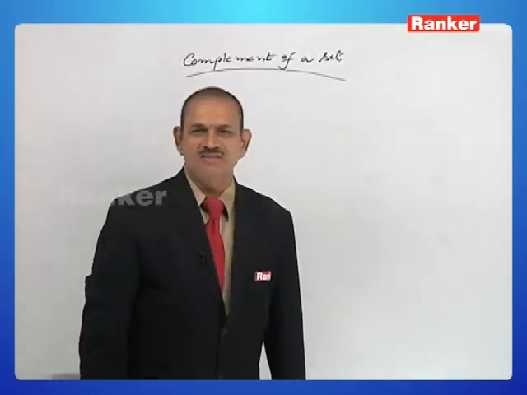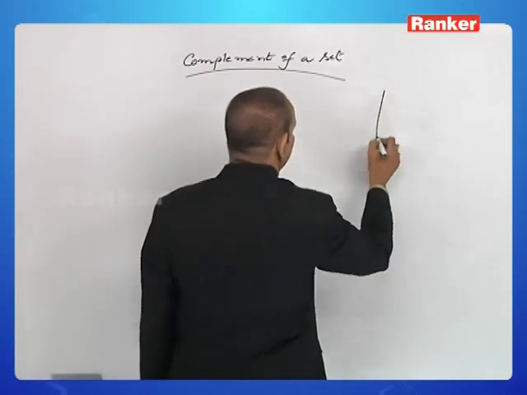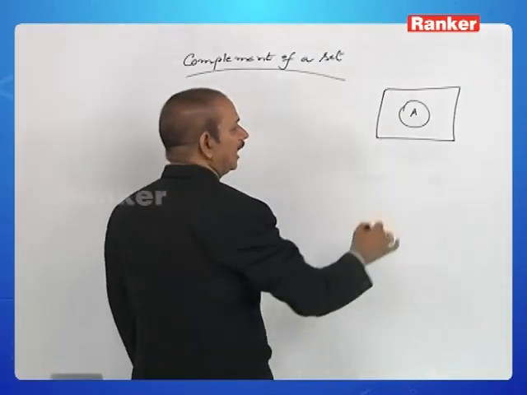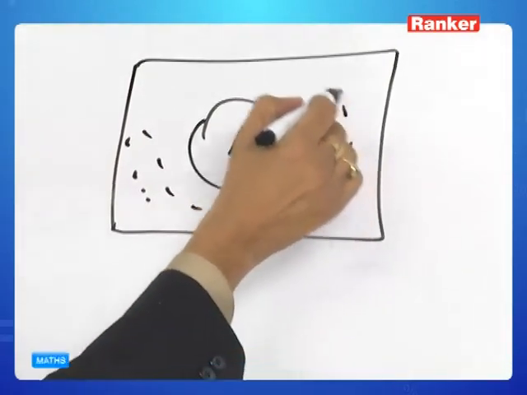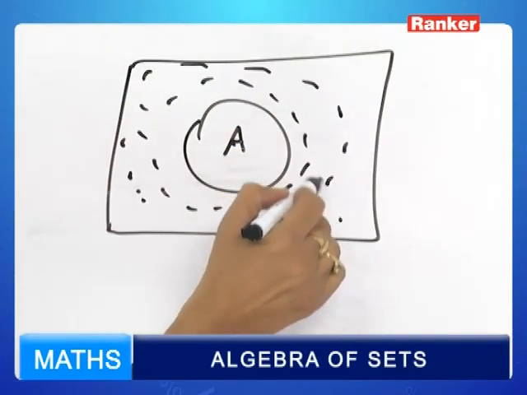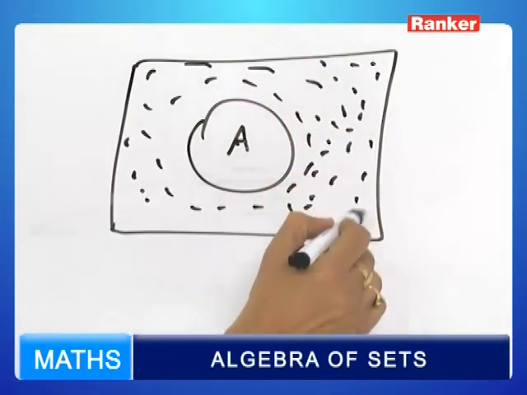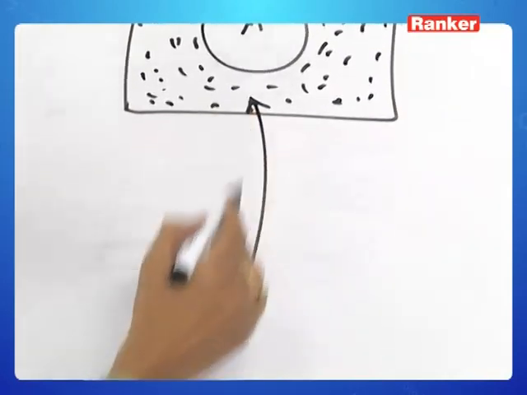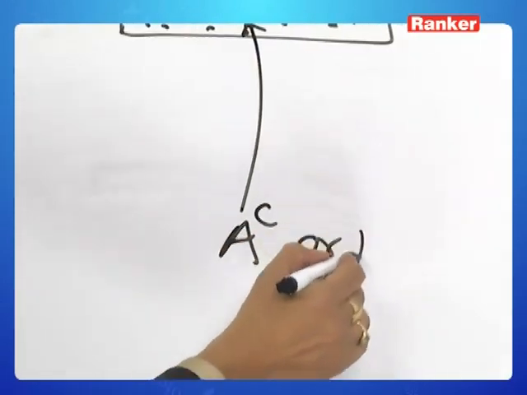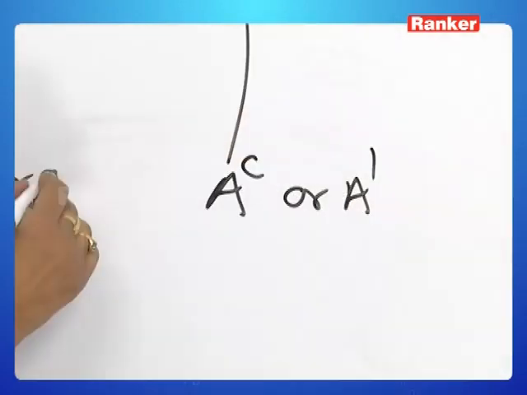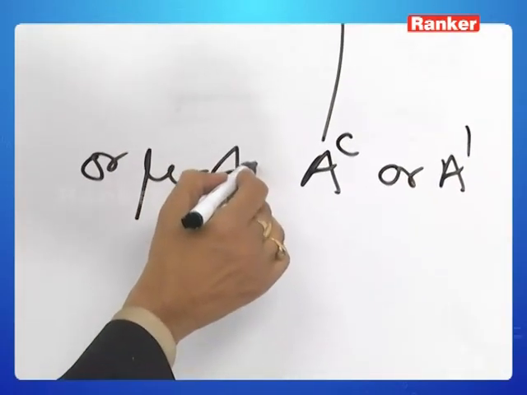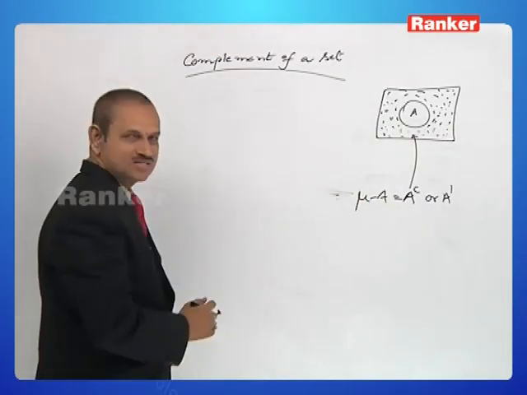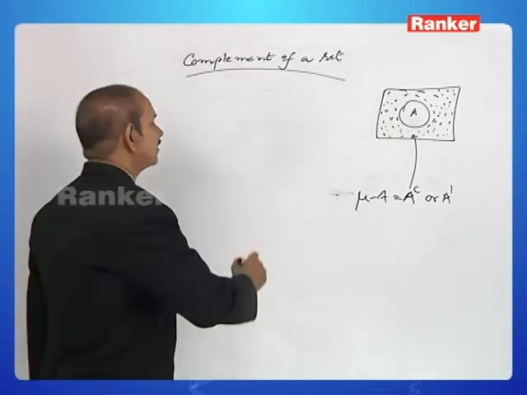The next concept before us is complement of a set. Now look here. This is the universal set and this is A. All that portion which does not belong to A, that is outside of A, is called the complement, A dash, or mu minus A. From the diagram itself, we can recollect the definition of a complement.